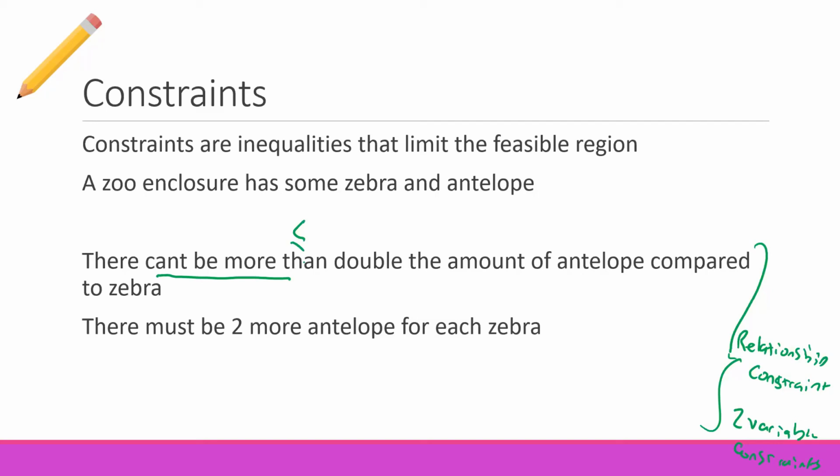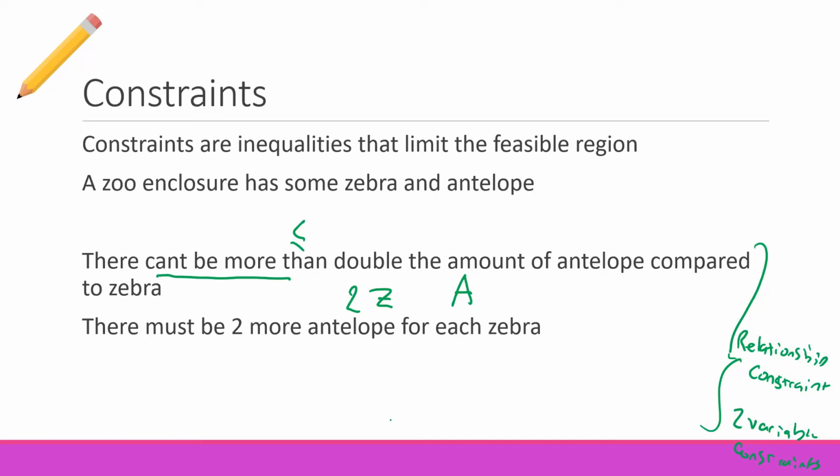So the idea is that if I took the amount of zebras and I doubled that, 2 times the amount of zebras, then that is the highest the antelope can be, right? The antelope can't be more than that.